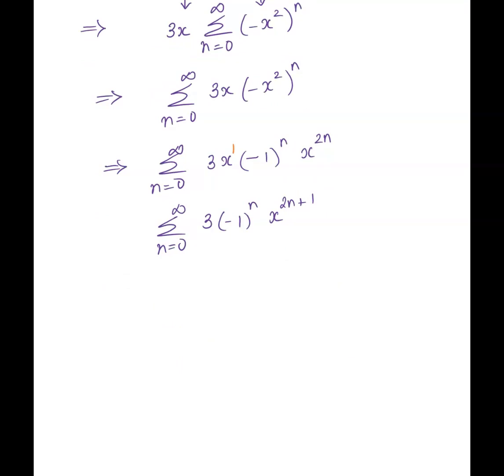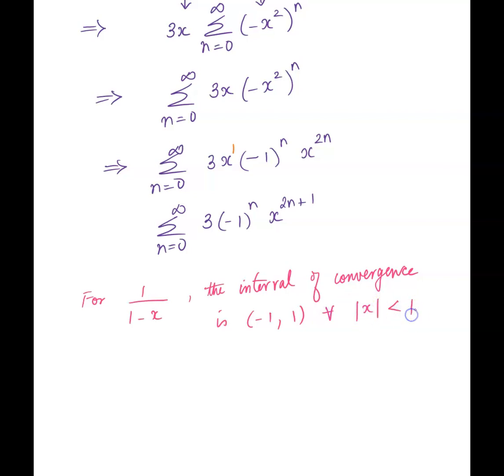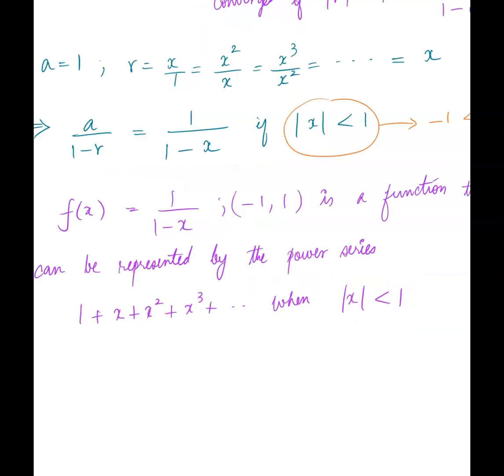Now we know that for 1 over 1 minus x, the interval of convergence is negative 1 to 1, for all absolute value of x less than 1. Okay. Again, if you go back to here, remember this? So we have this, but this information is the same as this.